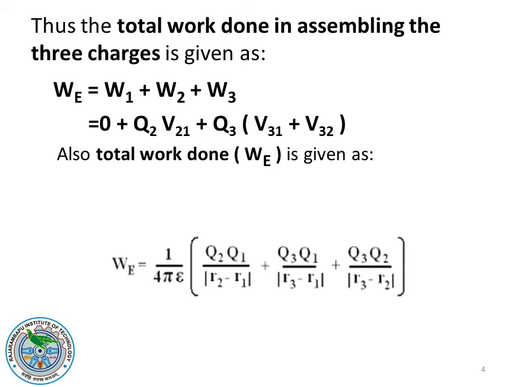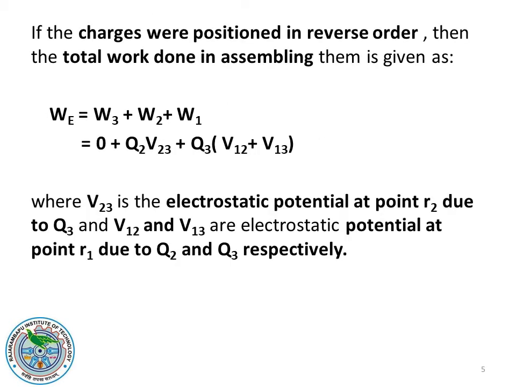If the charges were positioned in reverse order, that means the point charge Q3 traveled from infinity first to position R3, then the work done W3 is equal to 0, and W2 and W1 are taken with respect to W3.